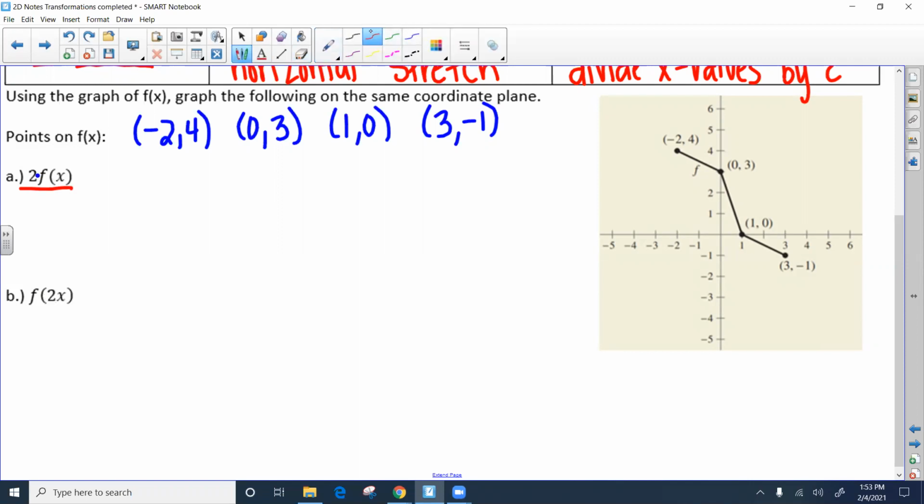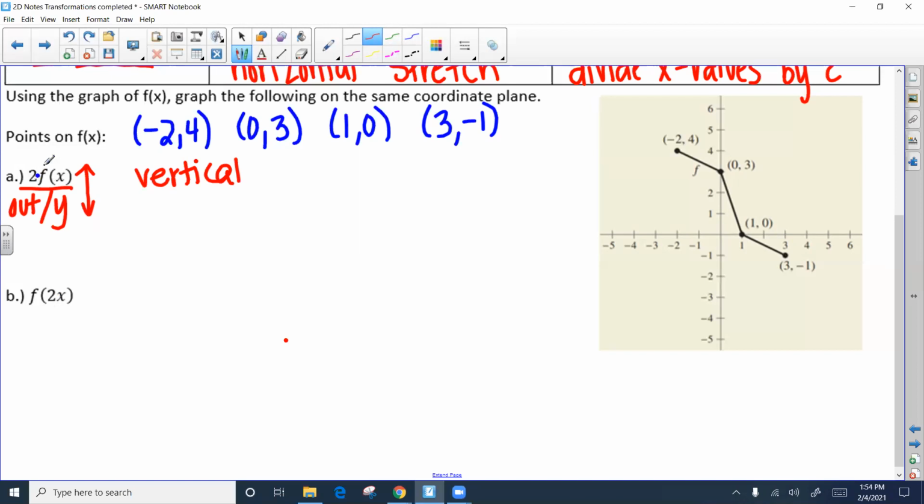We want to say what kind of transformation it is and what operation we're doing to find the new points, as well as actually finding the new points. Here, the 2 is on the outside, so I know it's affecting the outputs, or the y values, which means it's stretching or compressing along the y-axis. So it's going to be vertical. To figure out whether it's a stretch or a shrink, it actually does help figure out what operation we're going to do.